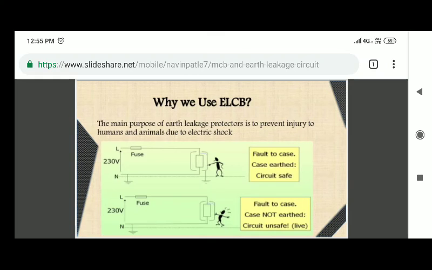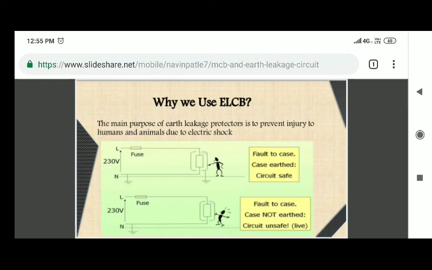Why do we use the ELCB? The main purpose of earth leakage protectors is to prevent injury to humans and animals due to electrical shock. In this circuit, the ELCB is safely used for human beings, because when overload or excess current flows in the circuit, then the MCB turns off.